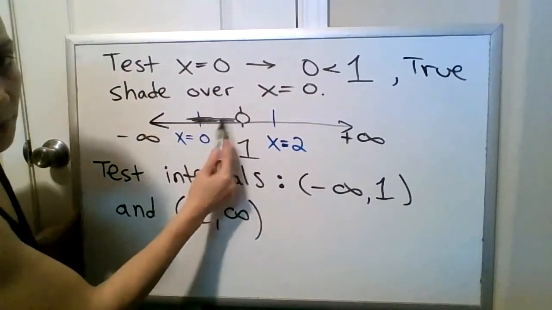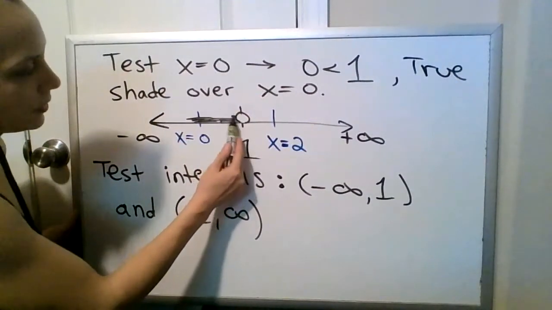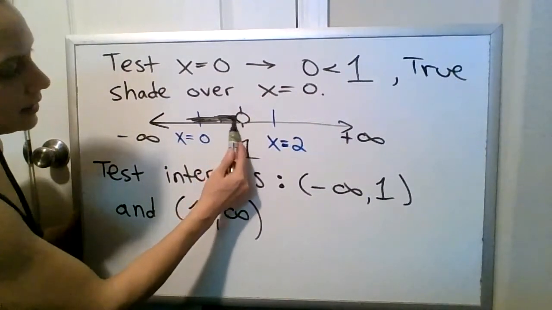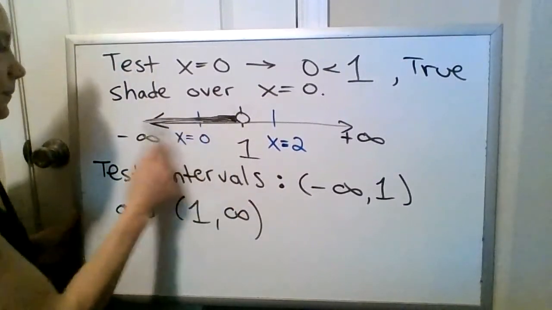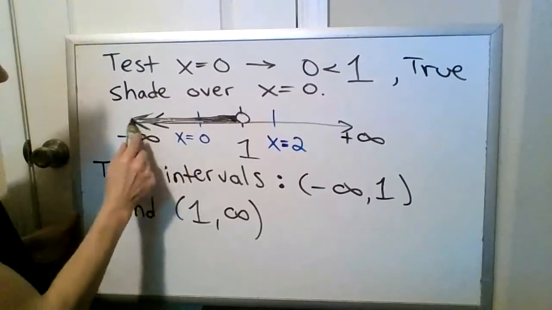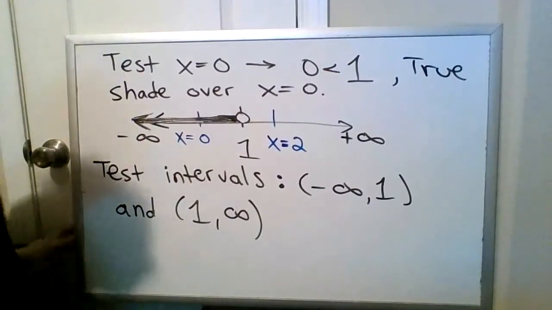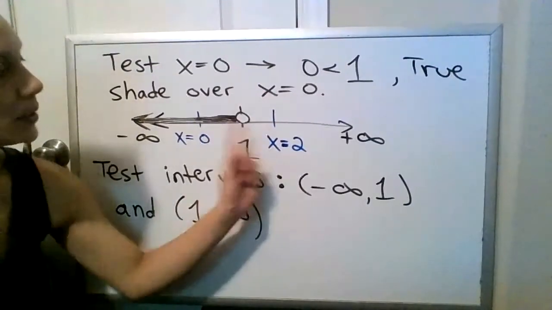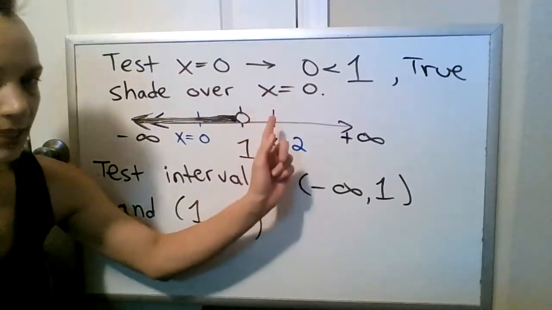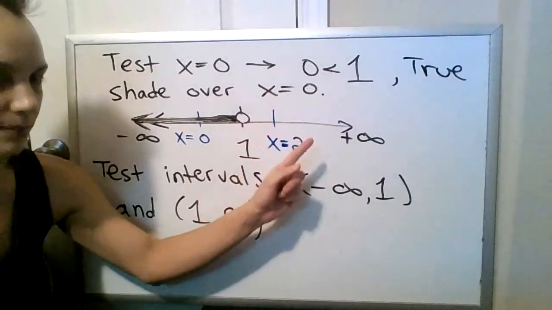Shade till you get to 1, but don't include 1. So shade very close to it, but leave that circle open. And we're going to go ahead and check the other side. So I want to test x equals 2 to see if this is shaded or not shaded.